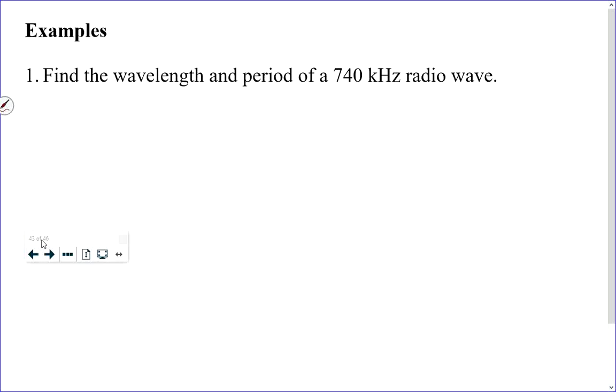And what that means is, in the antenna that CBC Edmonton is using to broadcast their signals, electrons are dancing around back and forth, up and down, 740,000 times per second.